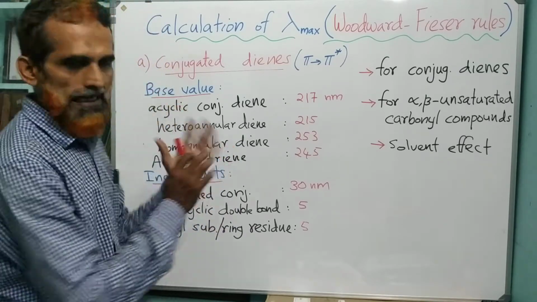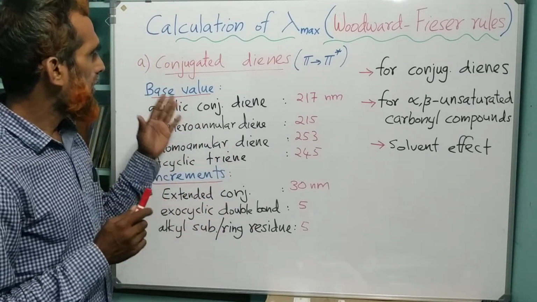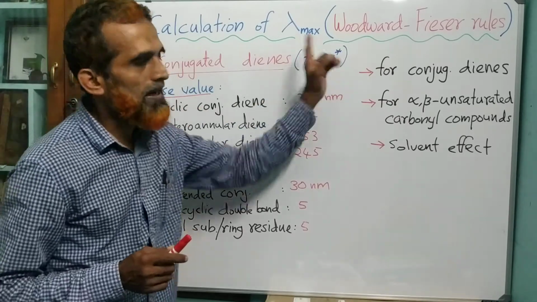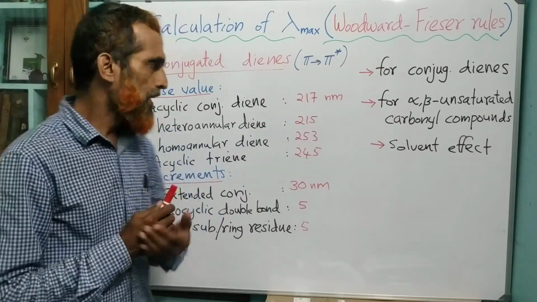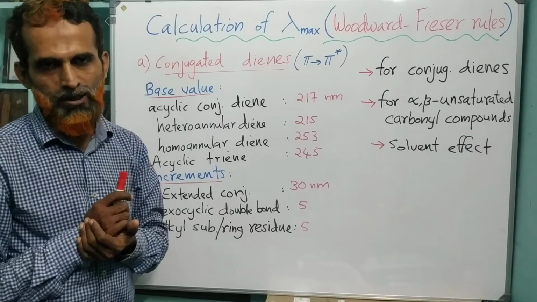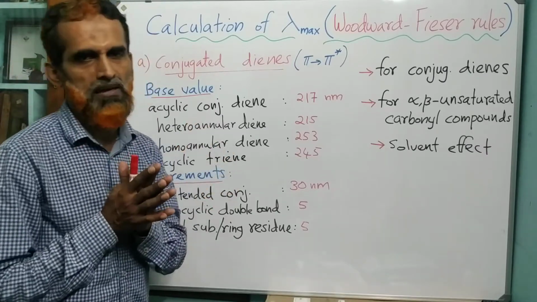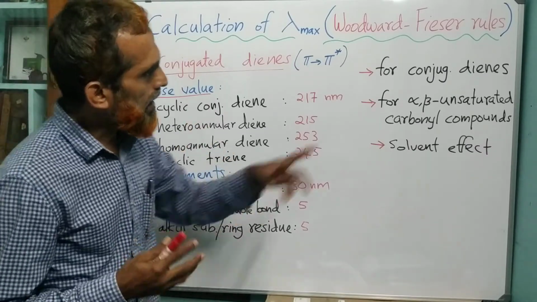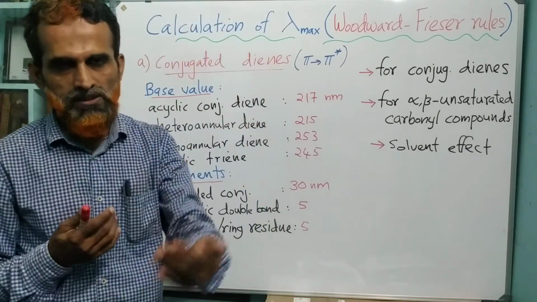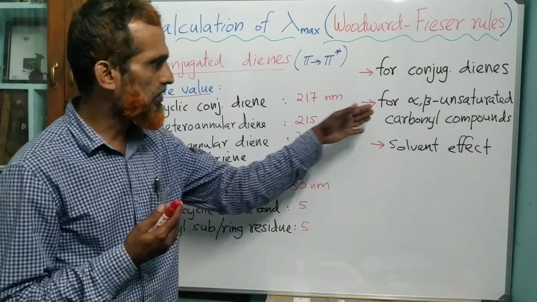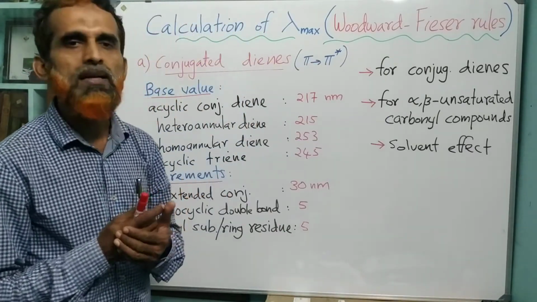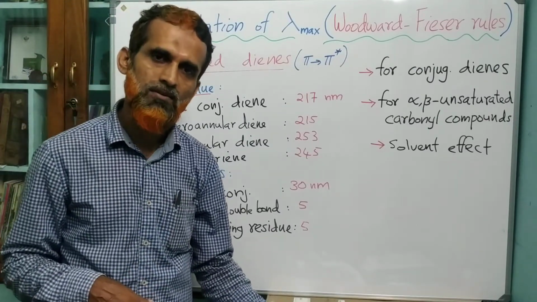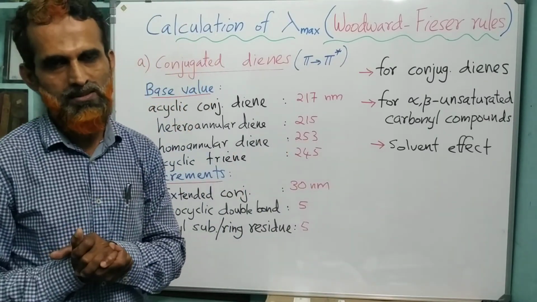So make this clear: how to calculate lambda max of a conjugated diene? Knowing the base value and increment values, we can just add and get lambda max. Alpha beta unsaturated carbonyl compounds, how to calculate lambda max of enones, we will discuss in the next class. Practice these questions. Okay, thank you.